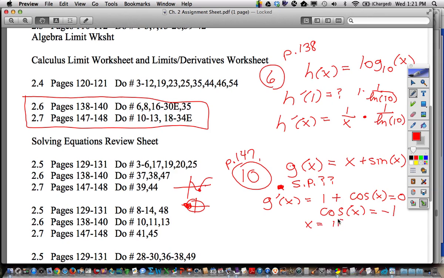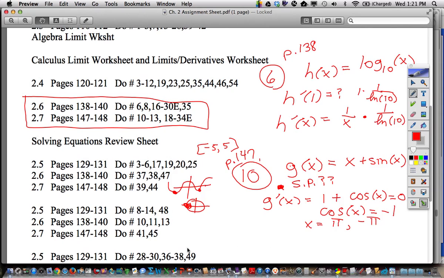But notice in this problem, we're supposed to look from -5 to 5. So if you look at the cosine graph, it would also equal -1 back here at -pi as well. So we've got to look at what interval they've given us. On problem 10, they told us to look between -5 and 5. So those are our two stationary points.